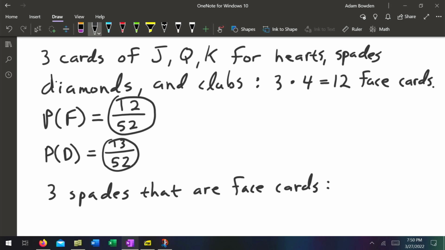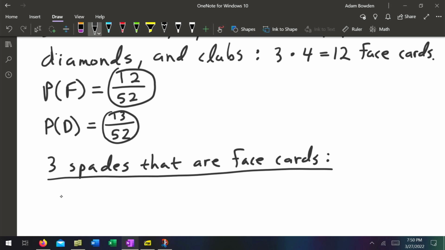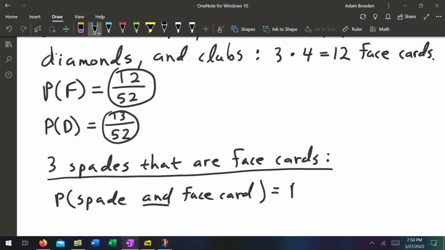So that means that we can talk about the probability of a card which is a spade and a face card. That would be the same thing as the probability of D intersect F. And there are 3 divided by 52.